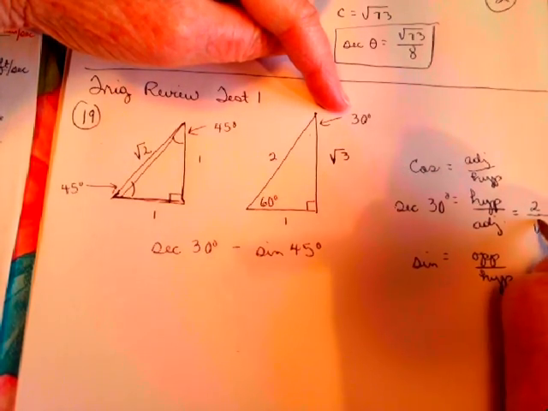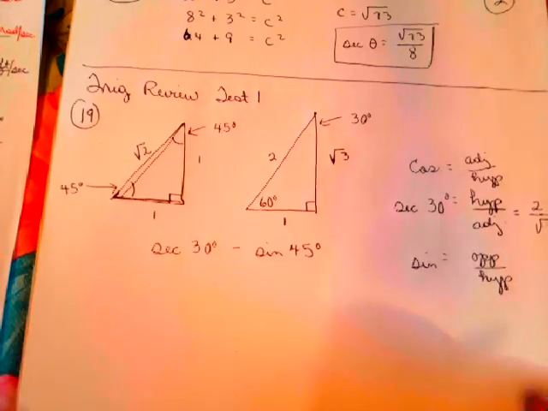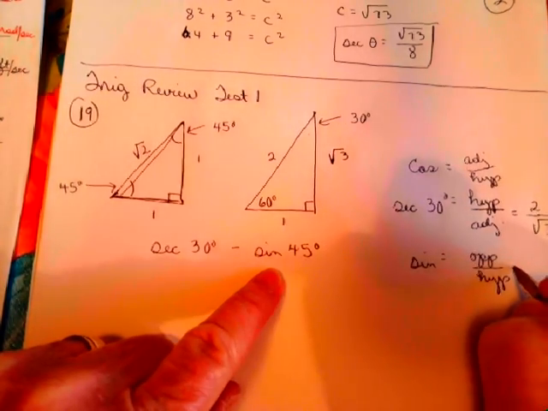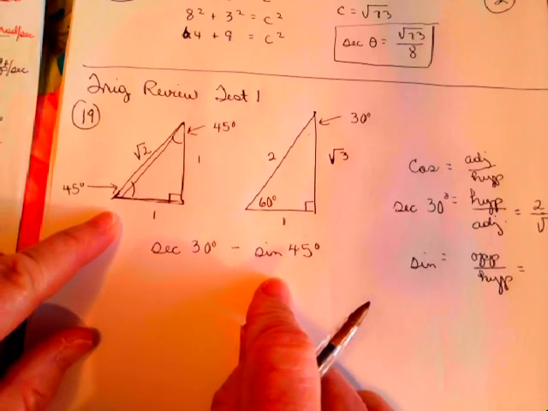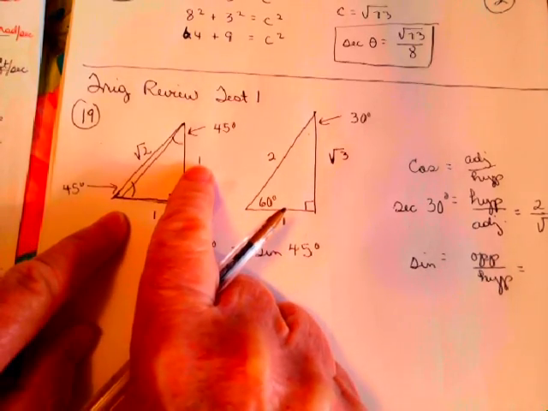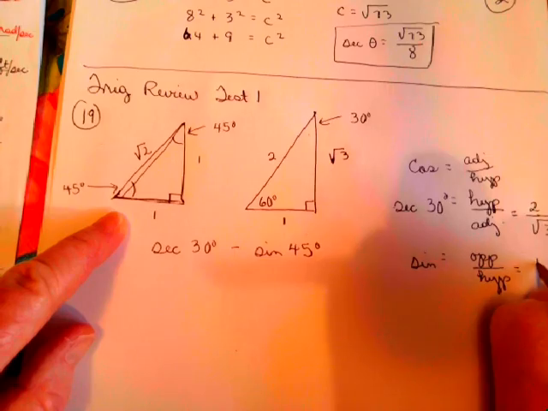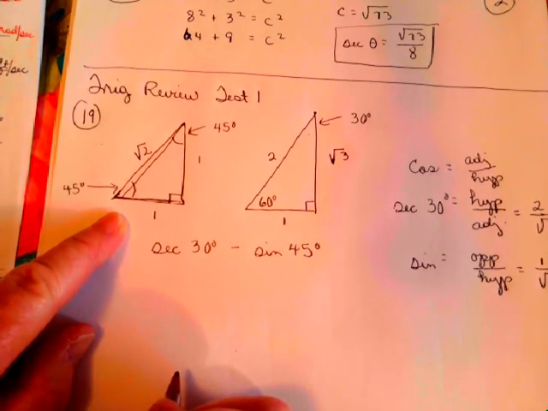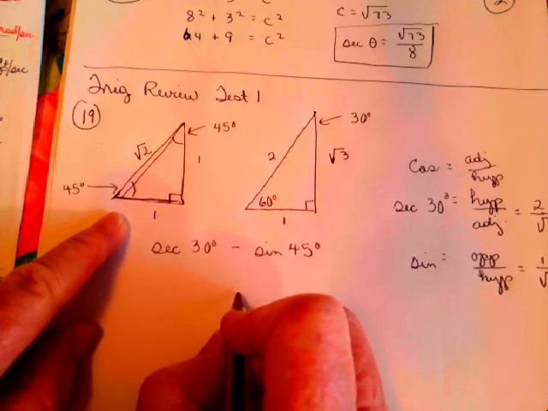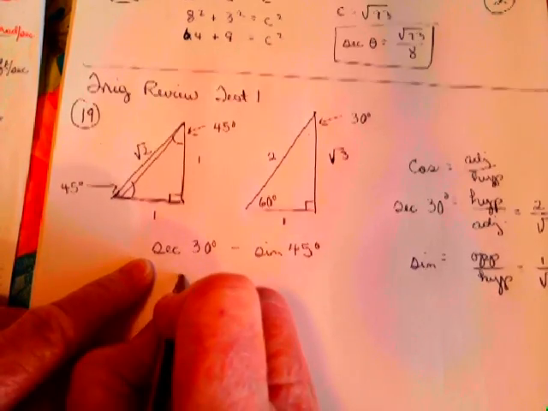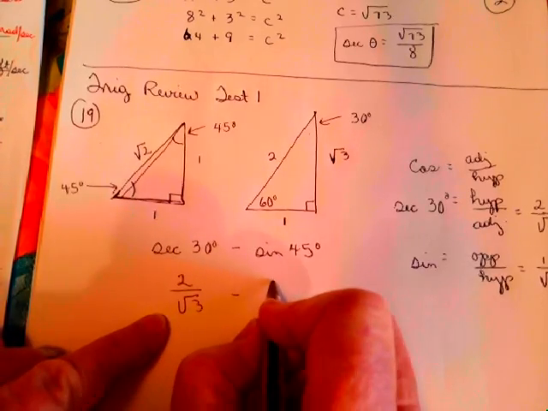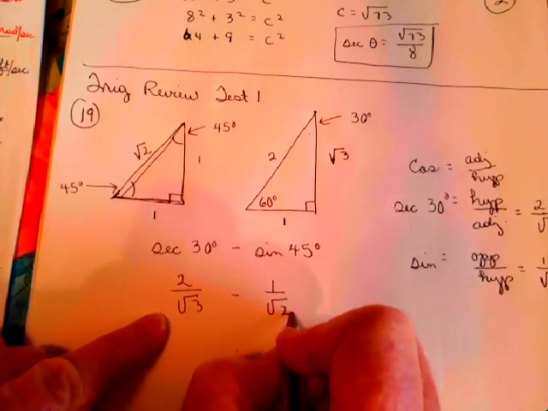So that is the square root of 3, minus the sine of 45. The sine of 45, if we're looking at this triangle, is 1 over the square root of 2. So we have 2 over the square root of 3 minus 1 over the square root of 2.